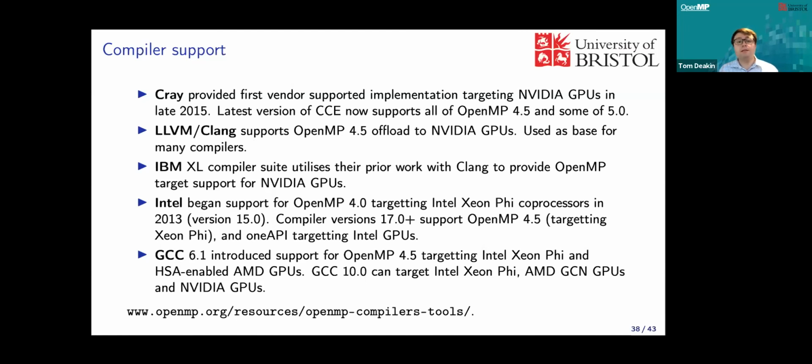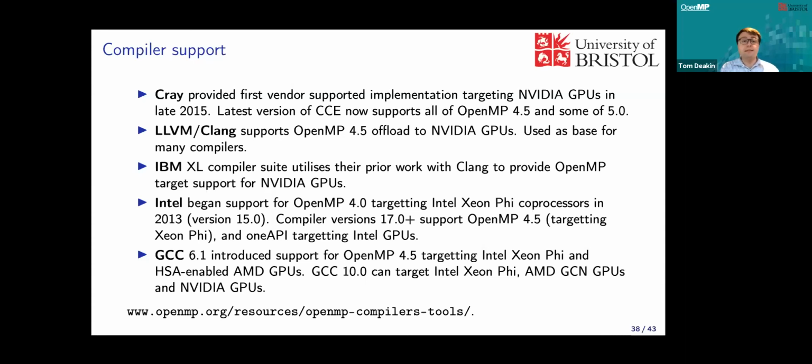The Intel compilers originally began supporting OpenMP target for their Xeon Phi co-processors back in 2013. A couple of years later, in compiler version 17, they supported OpenMP 4.5 for Xeon Phi. But with their latest oneAPI suite of compilers, tools, and runtimes, oneAPI now targets Intel GPUs with OpenMP.